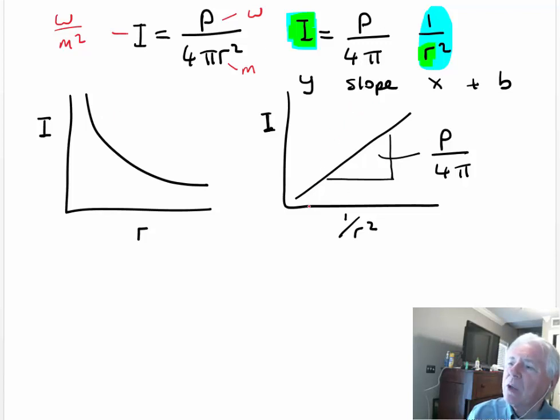But what I can do is collect my data and look to see, is it a straight line and does it go through the origin? And we've got to be happy with that for the moment.